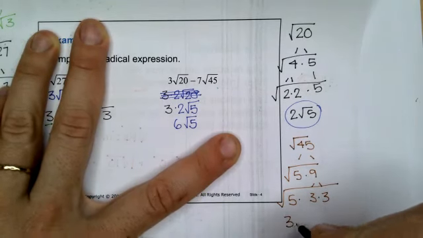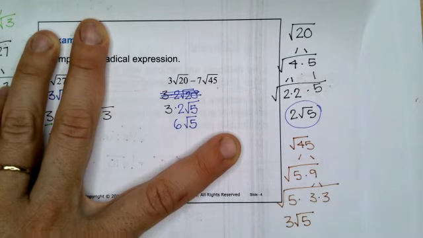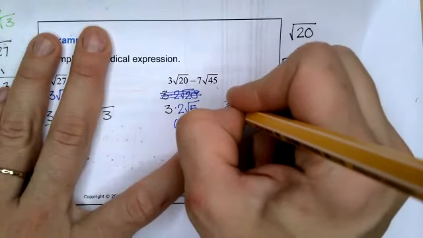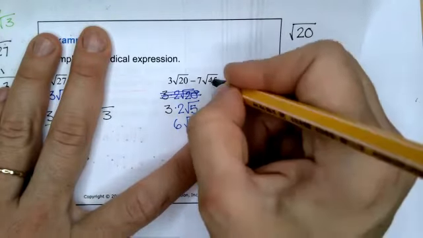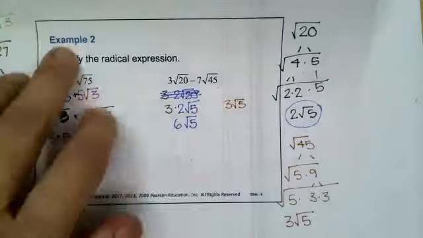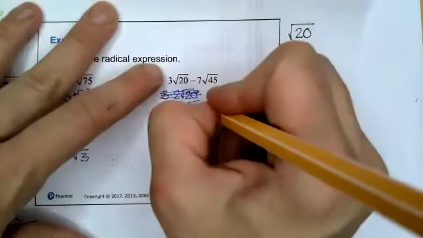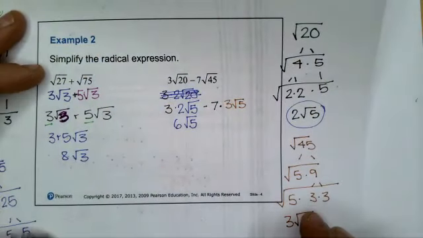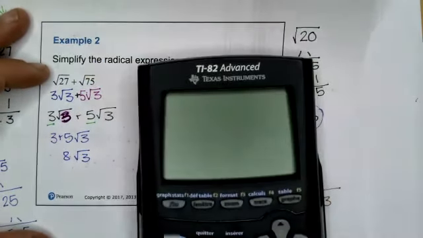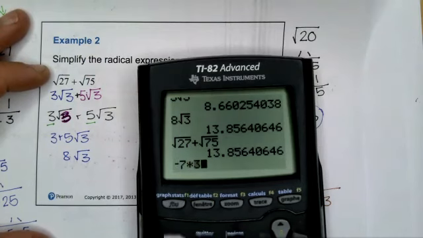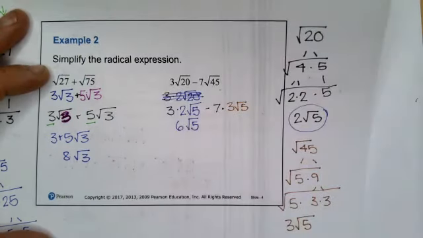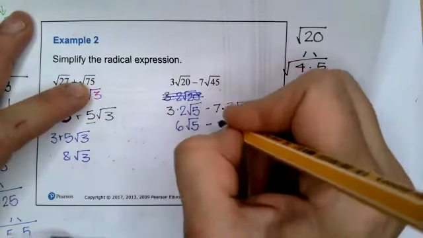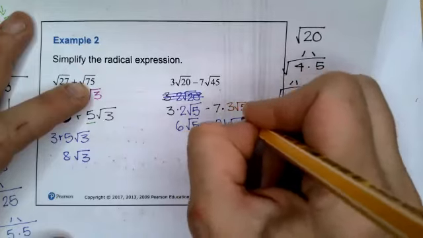We can take the 3 out from under the radical and we just get 3 square root of 5 instead of the 45. But remember that it's actually a -7 in front that we're going to multiply that 3 by. So -7 times 3 is -21. So we have 6 square root of 5 minus 21 square root of 5.